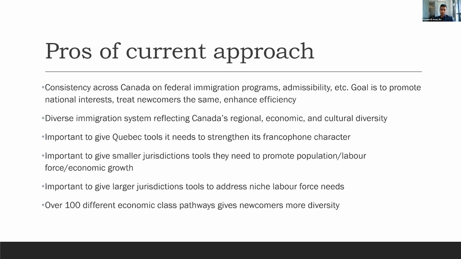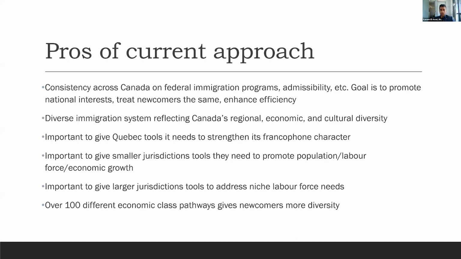We also have a very diverse immigration system reflective of our diversity as a country, regionally, economically, and culturally. It's important to give autonomy to provinces as well as the smaller jurisdictions to achieve their various goals. And this is very important in terms of preserving Canada's Francophone character.